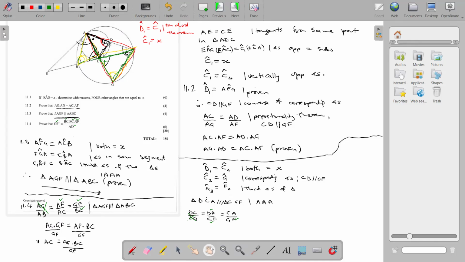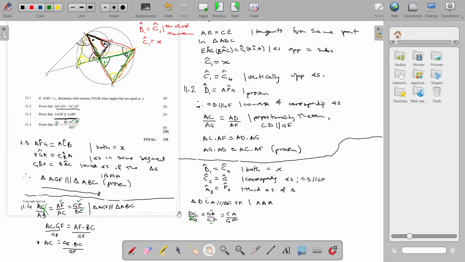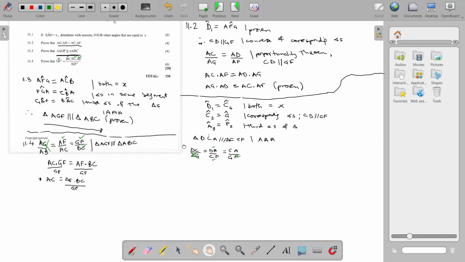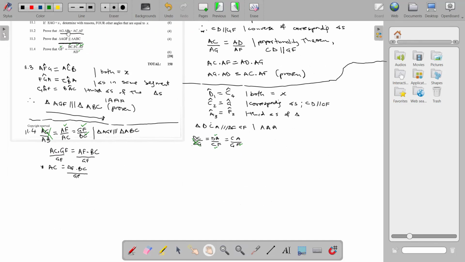So if we check, we are going to cross multiply: DA times GF is equal to CA times CF.